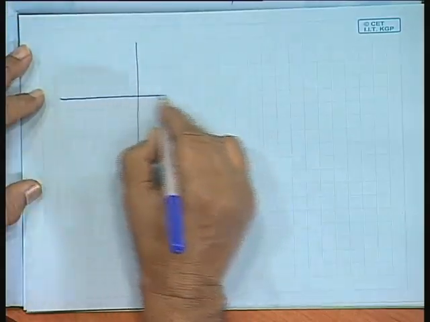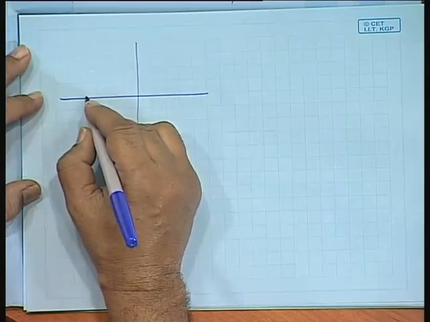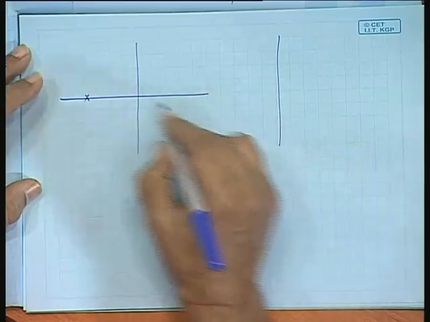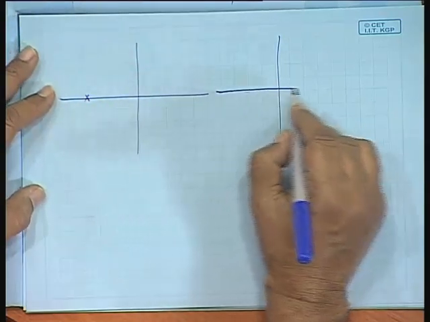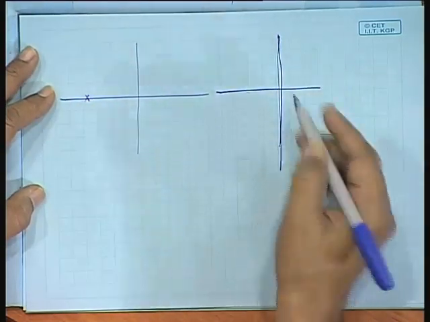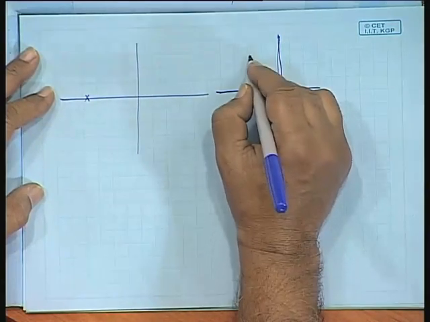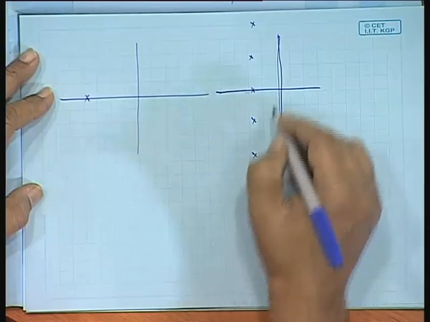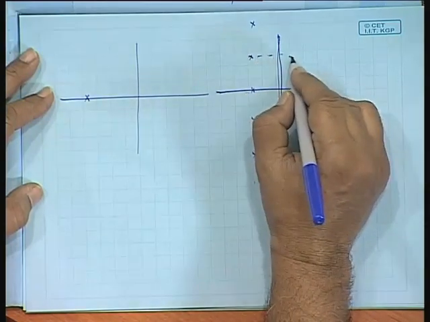That means, in the original time domain, if there is a pole here for the continuous function, then for the discretized version in the S domain, you will have an infinite number of such poles at regular intervals of omega s.